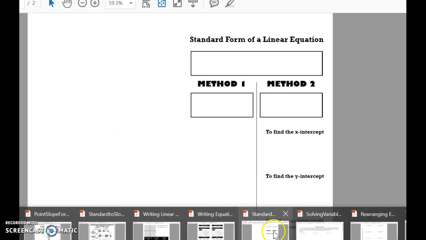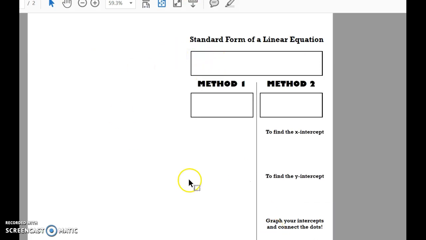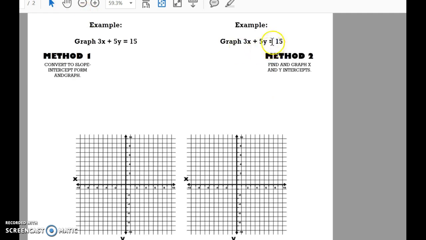Here's what it looked like. We wrote in what standard form was, and then we looked at some examples. We looked at this method to find the x and y intercepts, but there's also this method, which is to convert to slope intercept.